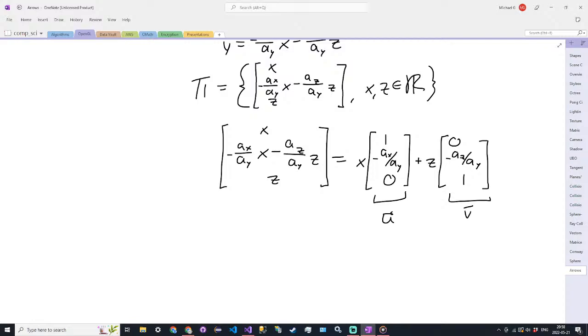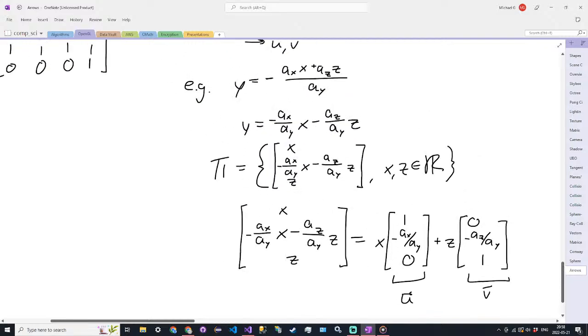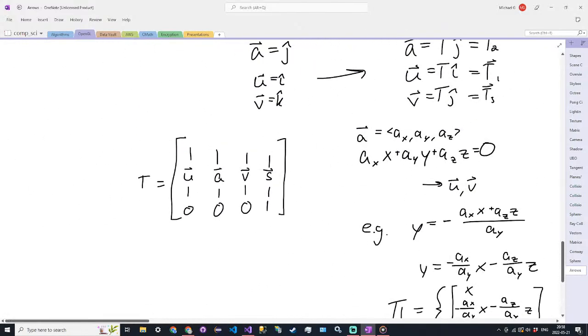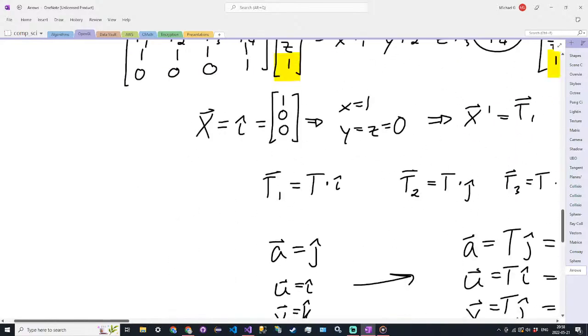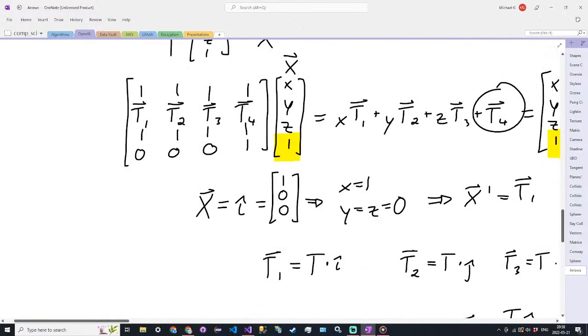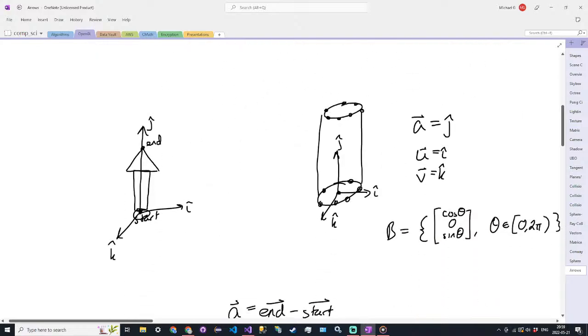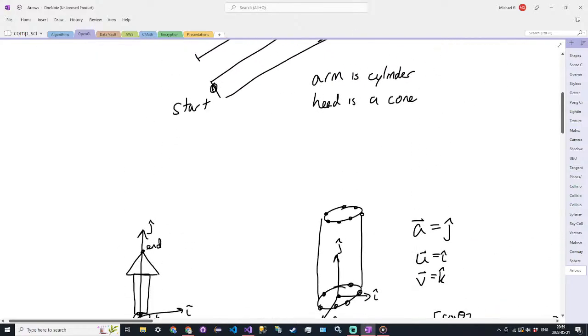So, yeah, quick wrap up, and I will just go through this all again. Our goal is to create a transformation matrix like this. And we need to figure out how to build the columns, given only the vector A, which is the direction of the arm.